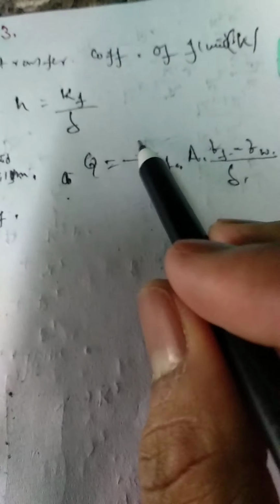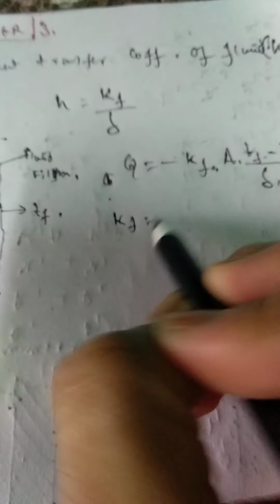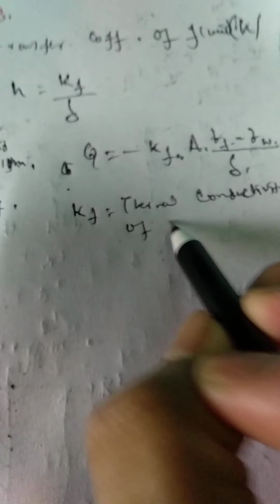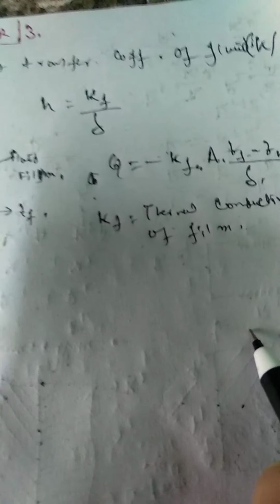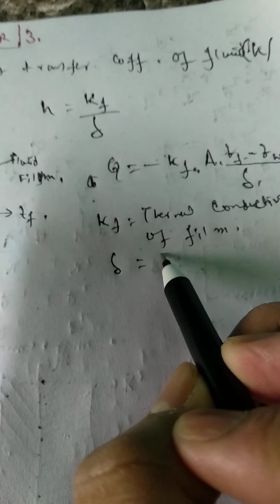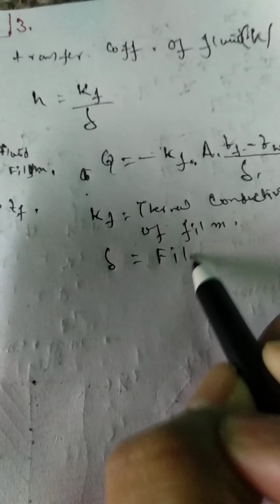This is similar to what we have done in conduction, where Kf is the thermal conductivity of the film, and delta is the thickness of the film, or the film thickness.